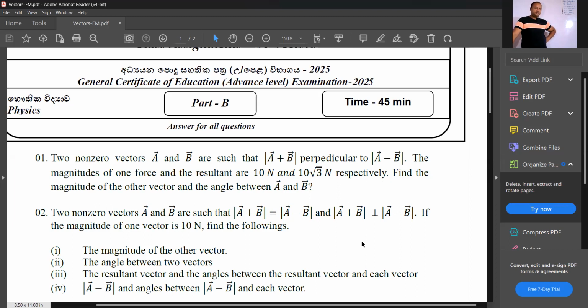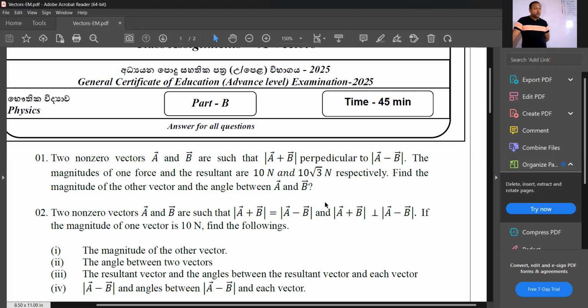Rhombus. Yes. How did you determine that one? Because if the parallelogram is a square, then the resultant can't be 10 root 3.